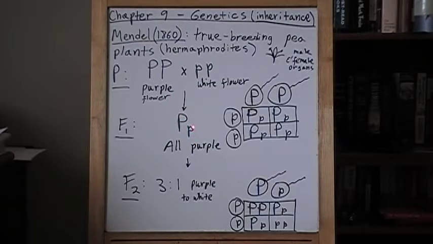And then the next thing he did was he let these purple offspring self-fertilize. Normally with this type of pea plant, the flower is enclosed and self-fertilizes.